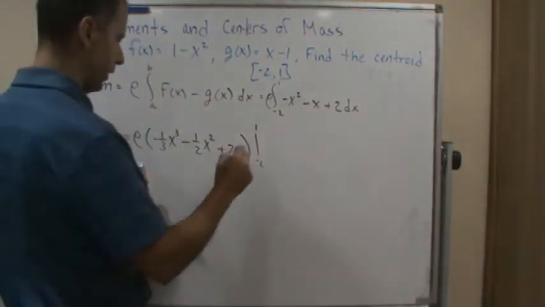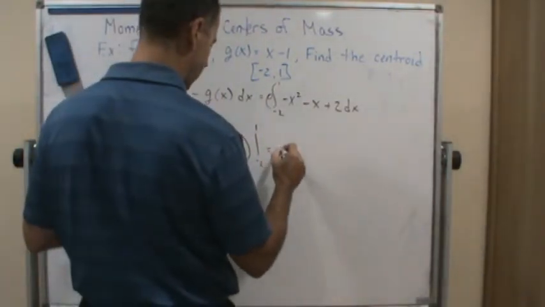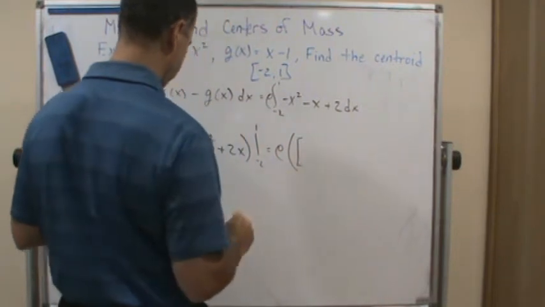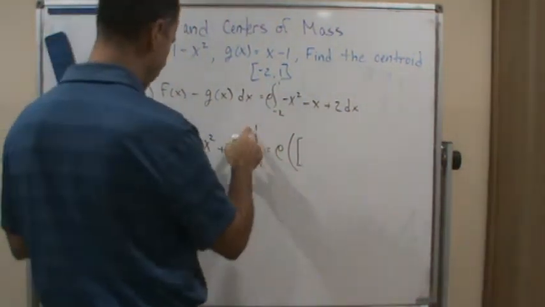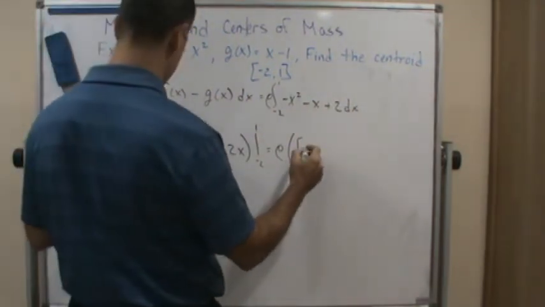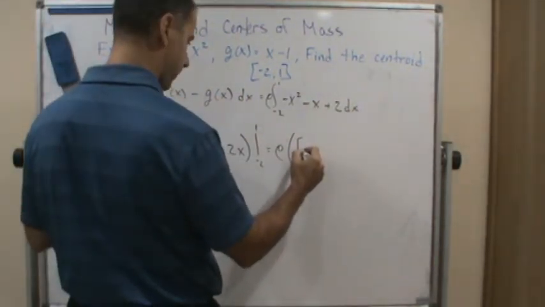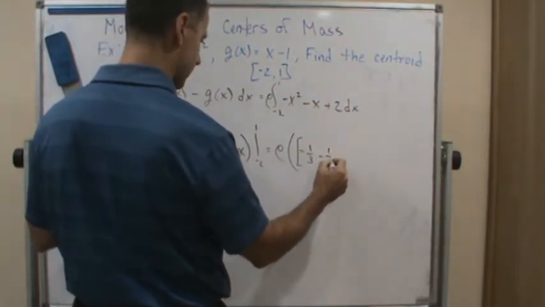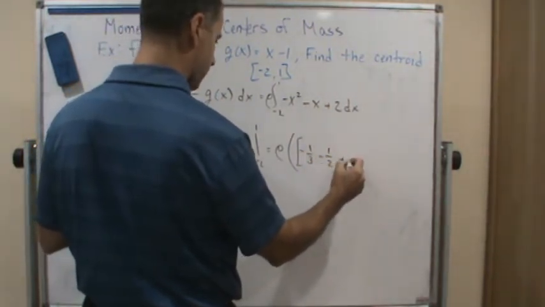And so now if we evaluate this, we get rho. We're going to evaluate at 1, so all of these are just going to become their coefficients. So it's just going to be negative 1/3 minus 1/2 plus 2.